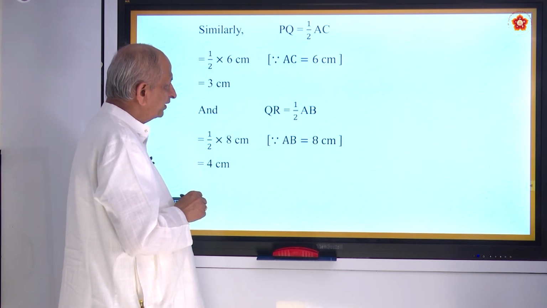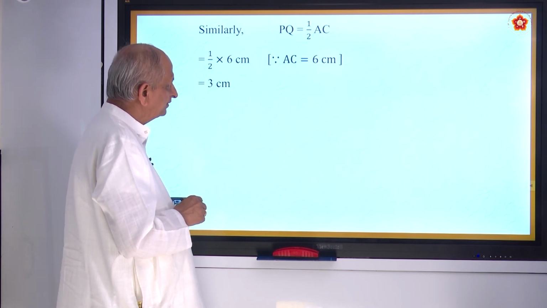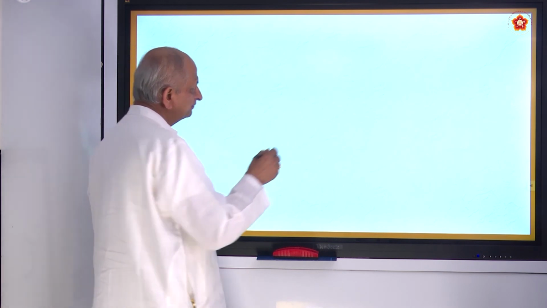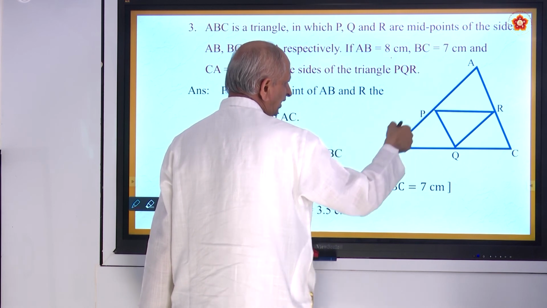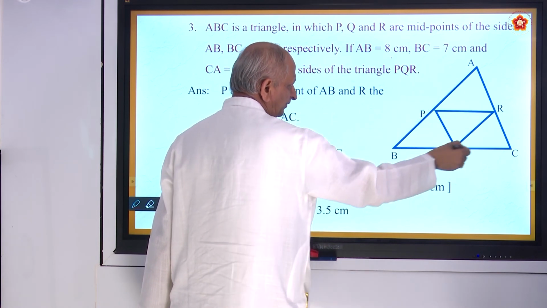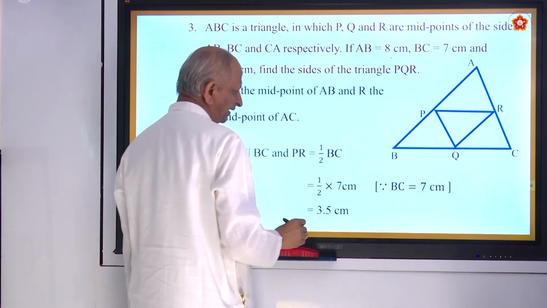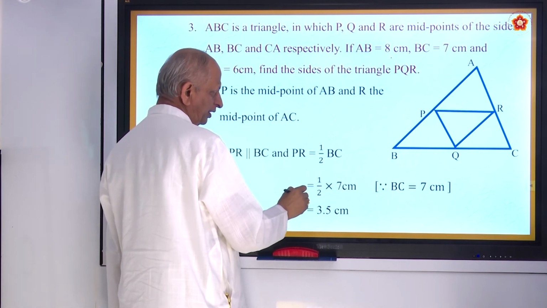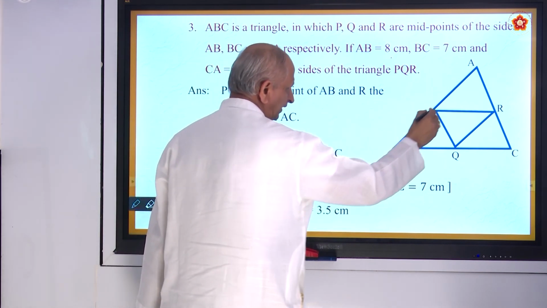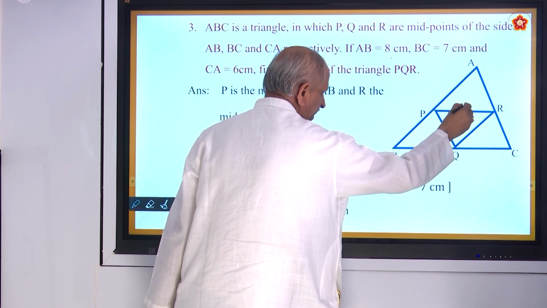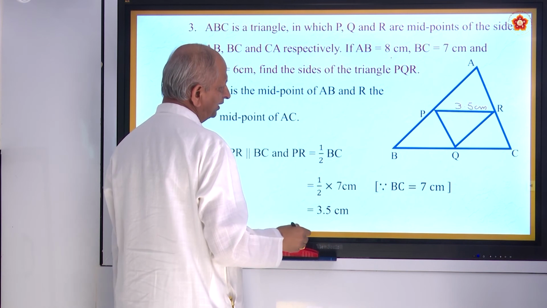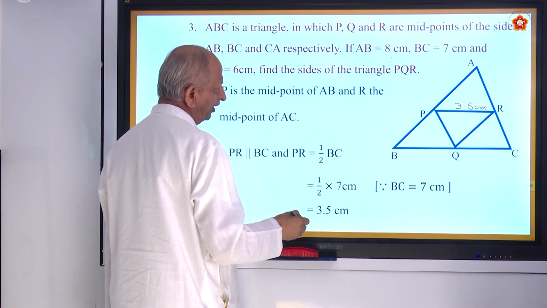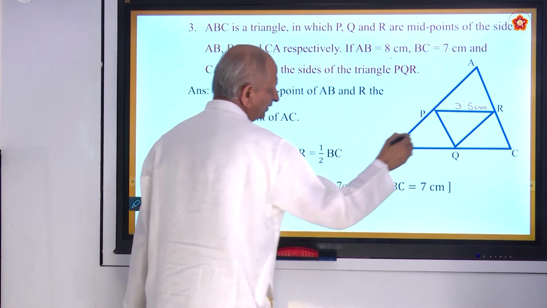So if you want, we will have the figure once again. So we had a triangle here. Please note it carefully. In this triangle, here you have found out PR. PR is 3.5. And similarly, RQ is half of AB, that is 4.